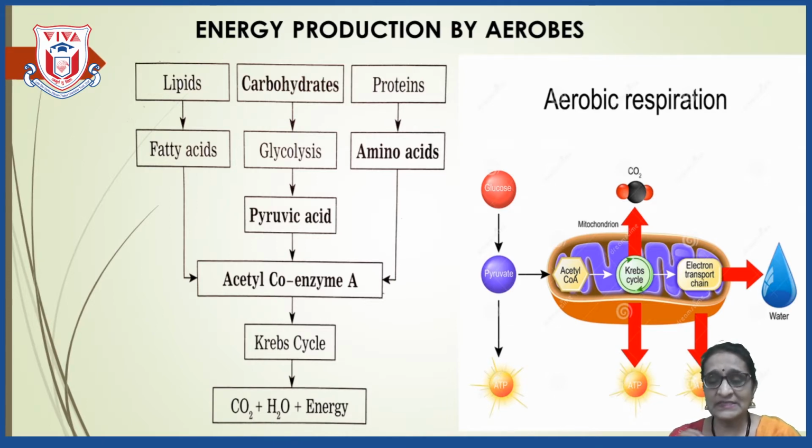Here you can see in the diagram of the mitochondria that acetyl coenzyme A has entered and it will undergo this Krebs cycle or TCA cycle. Now what happens here exactly? This acetyl coenzyme A combines with oxaloacetic acid, and then the reaction takes place, and as a result of this reaction, you will find that NADH2, FADH2, ATP molecules, and carbon dioxide and water molecules are formed.